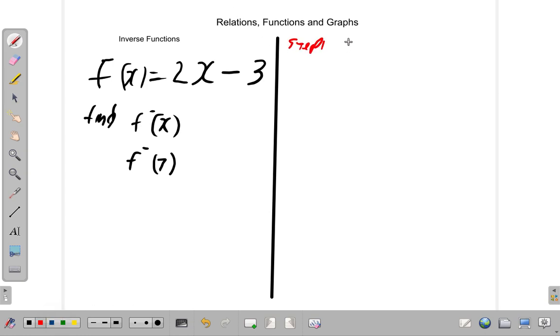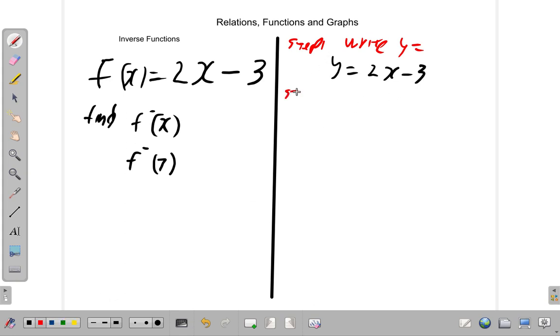Step 1. Write it as y equals. So in this case, getting our inverse function, instead of f of x equals, I have y equals 2x minus 3.